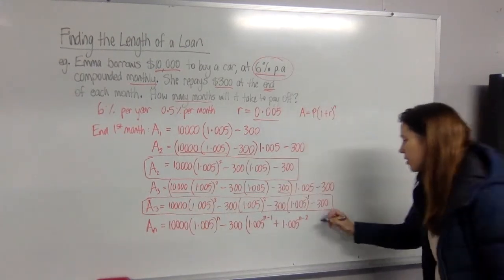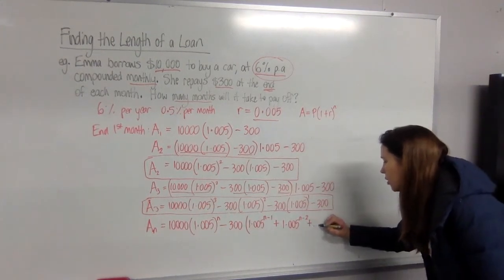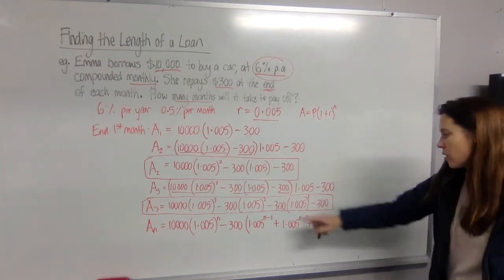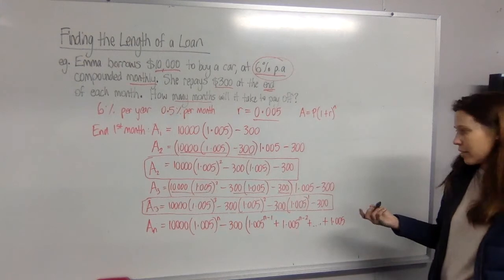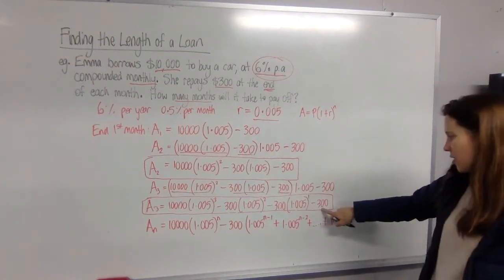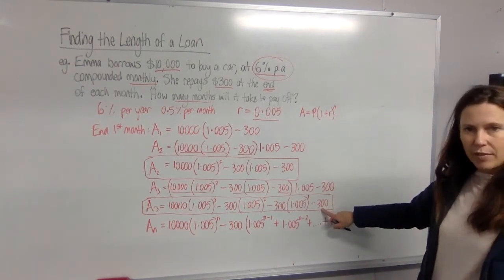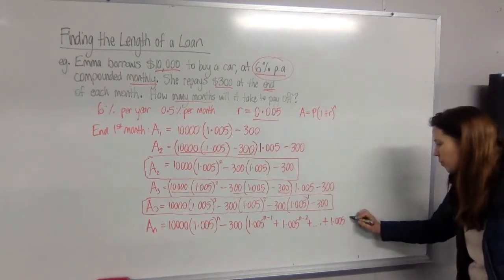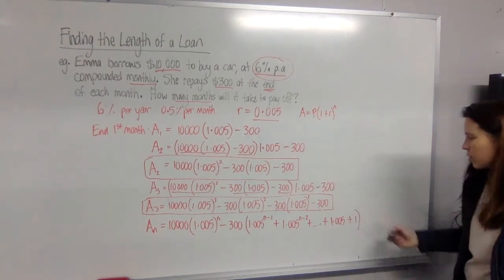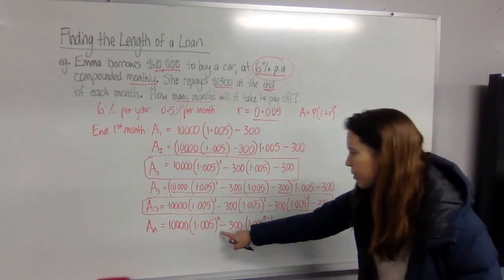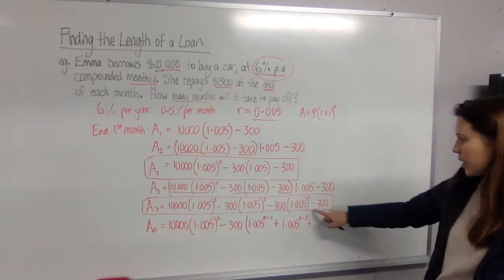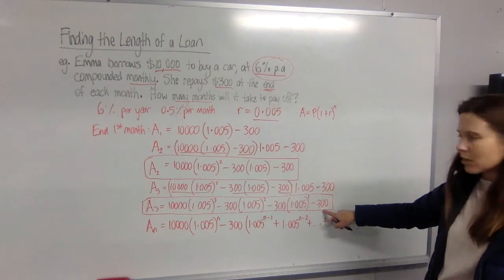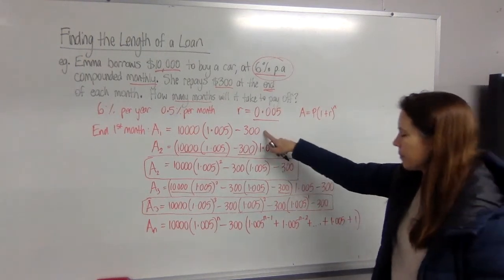And I'm going to keep on going with this pattern, dot, dot, dot, until I've got 1.005 just to the power of 1, or just itself. And the last term, it doesn't have any 1.005s, does it? So it's just plus 1, which makes sense because if I expanded the brackets out here, I'd have minus 300 times 1, and our last term does seem to be minus 300 every time.